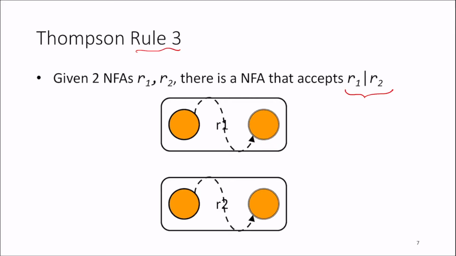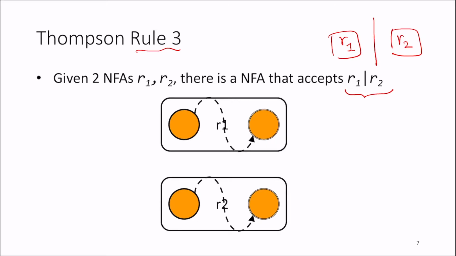Just like when we do recursion, we assume that we already have an NFA for R1 and we already have an NFA for R2. Those could be based on any of those base cases I showed you, like one symbol, for example, or a complex regular expression that I've eventually converted to an NFA, and then I'm trying to do R1 or R2.